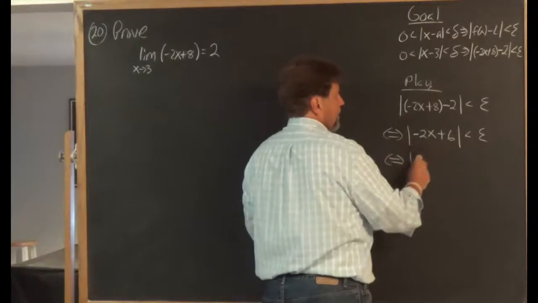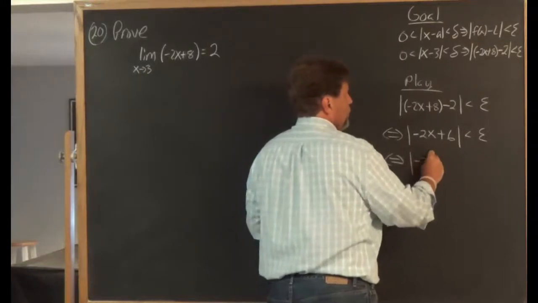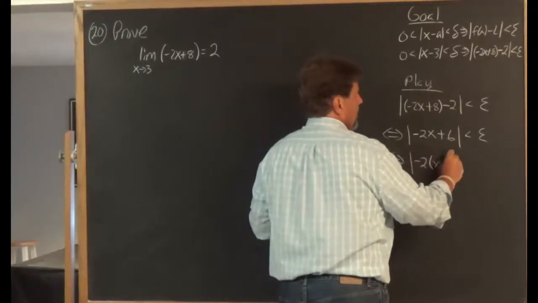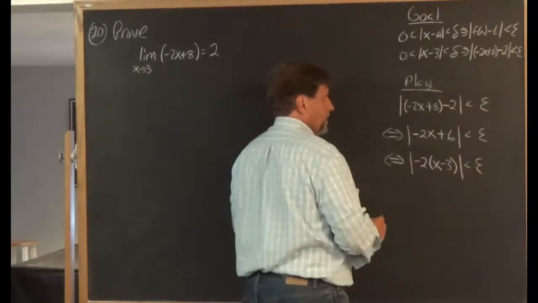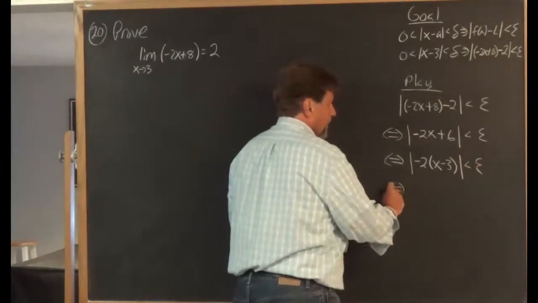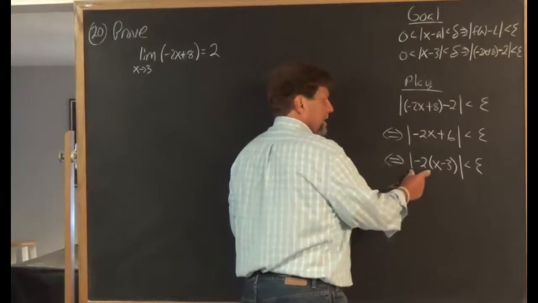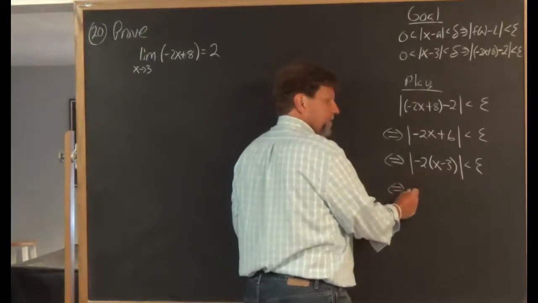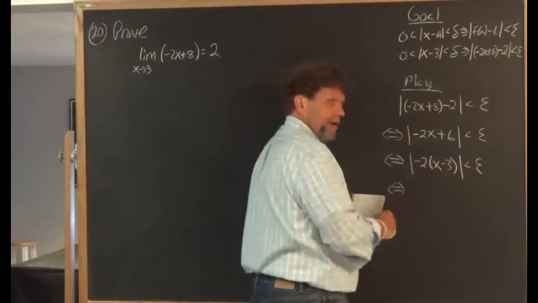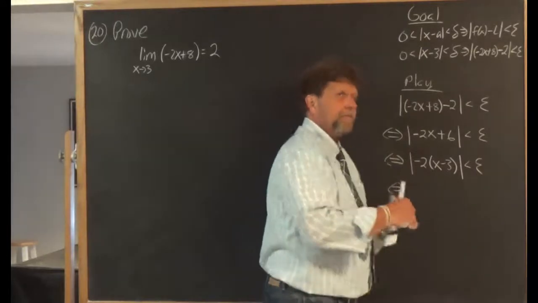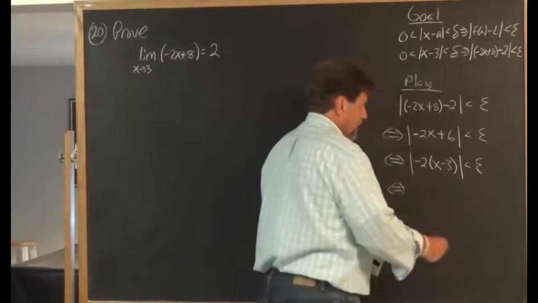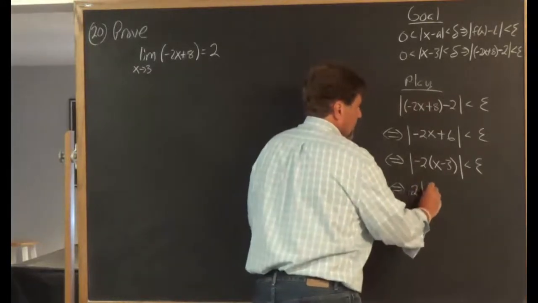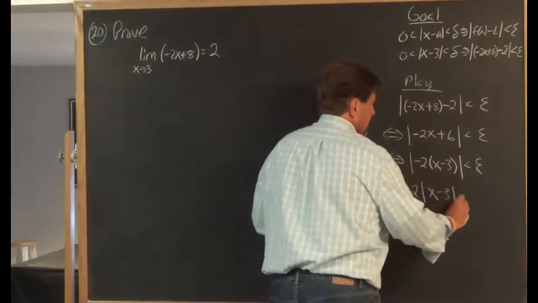Inside the absolute values, I could factor out a negative 2. That leaves me with an x minus 3. Then, that old property of absolute values, this is the absolute value of negative 2 times the absolute value of x minus 3. Well, what's the absolute value of negative 2? That's right, it's 2 times the absolute value of x minus 3.